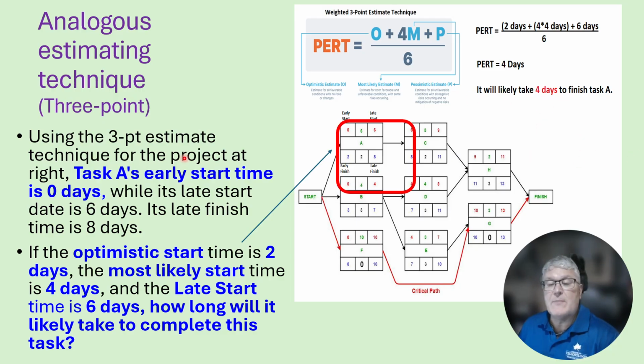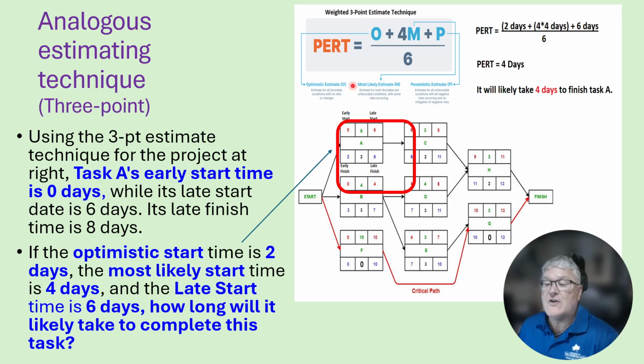Using the 3-point estimate technique for the project at right, task A's early start time is 0 days, while its late start date is 6 days, and its late finish time is 8 days. If the optimistic start time is 2 days, the most likely start time 4 days, and the late start time is 6 days, how long will it likely take to complete this project?